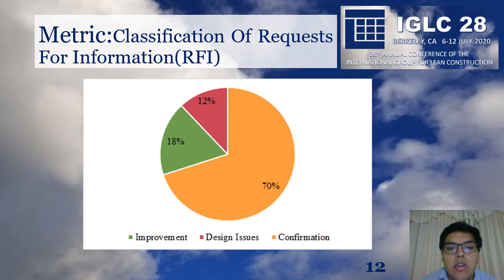In this metric, we classified all of the RFIs based on some related studies into three types: improvement, design issues, and confirmations. So we found in this study that only 12% were due to design issues, compared with 70% in the traditional methodology.